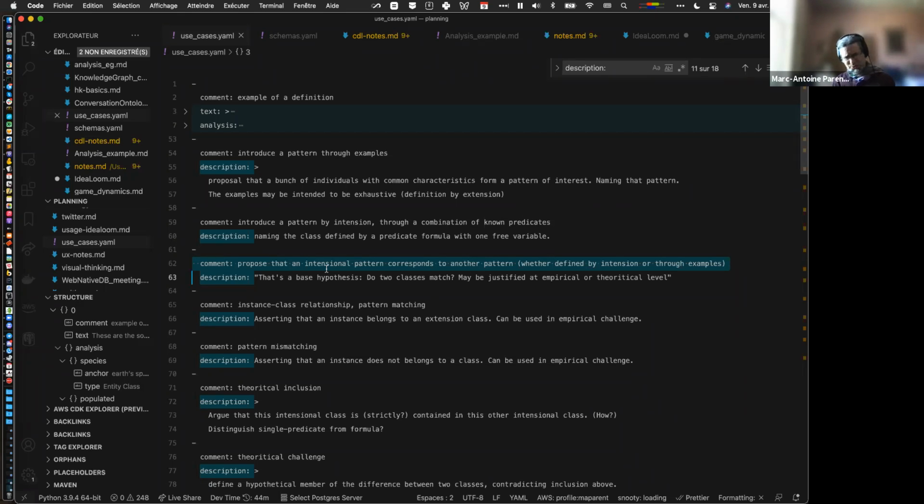Maybe I should distinguish those two cases. But if I defined a class by examples, I probably have a predicate in head, even though it's not articulated yet. It's the whole progressive formalization. I want to be able to name something without having to define it.